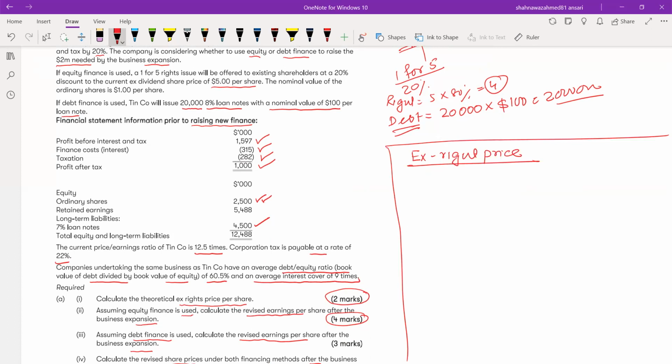So 1:5. So that means 5 existing shares. Current market price is 5. So we have 25. One right issue at a price of 4. So now we have 6 shares and the price is 29.